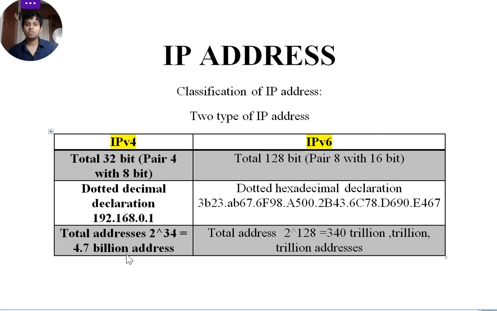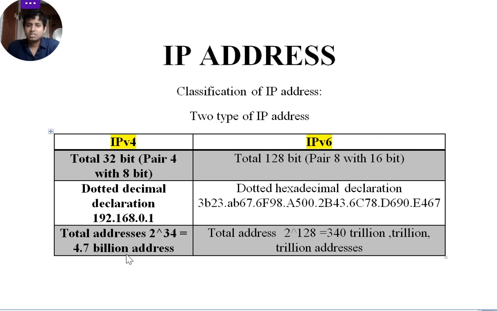So how is it possible to distribute 4.7 billion addresses to 5.3 or 5.4 billion current internet users? We will talk about it later.